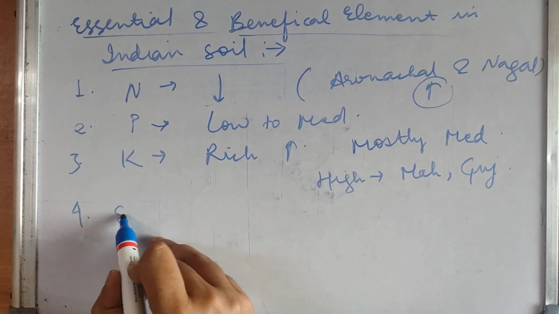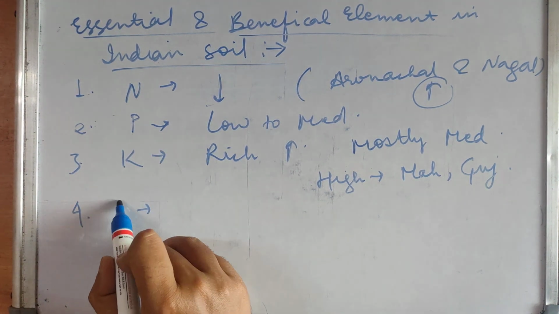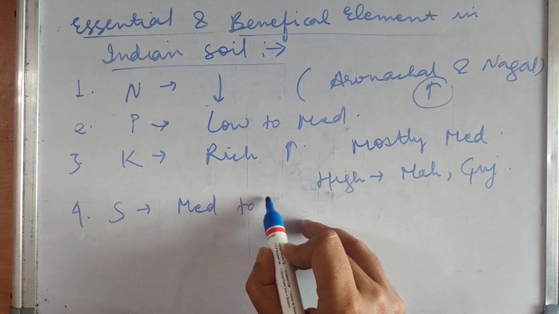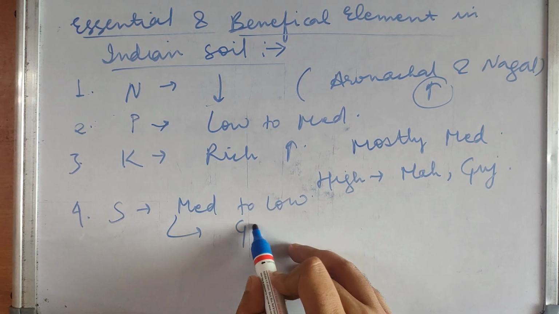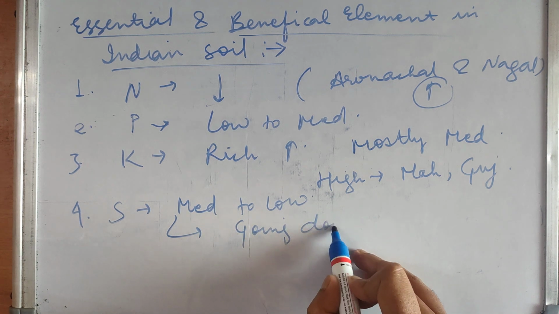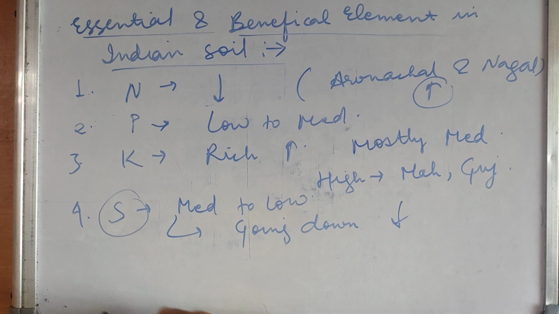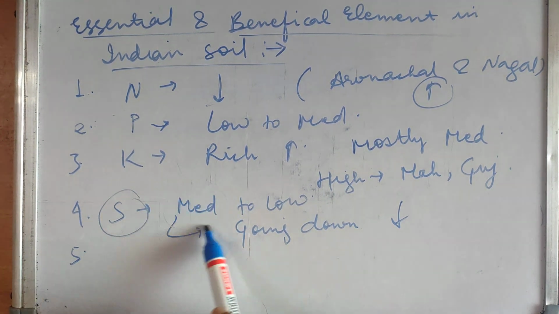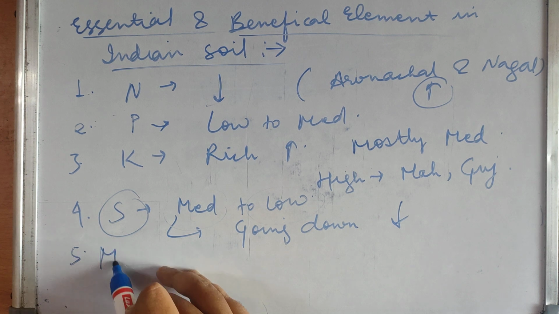Moving on, sulfur. Sulfur is medium to low, and it is generally going down. In Indian soil, the amount of sulfur is decreasing. Originally it was medium, but it has now gone to low, and it is continuously decreasing. Now micronutrient status.